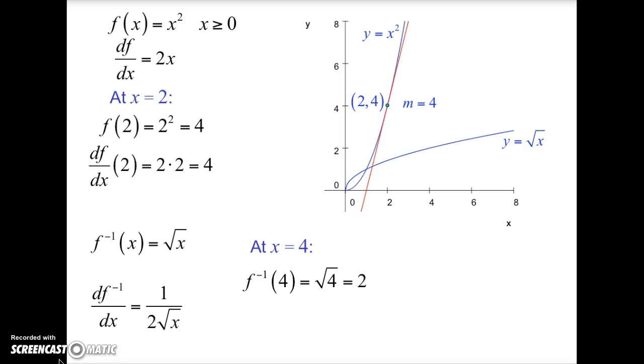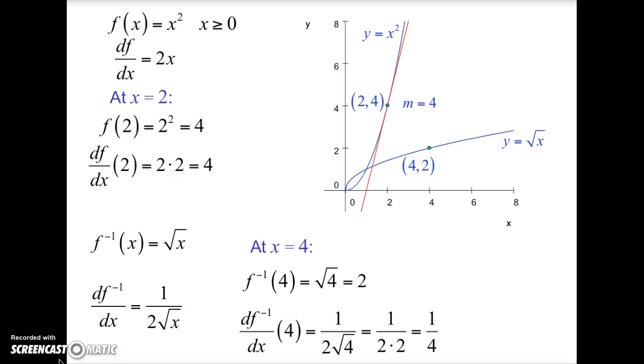It has a y coordinate of 2. And watch what happens if I try to find the slope of f inverse at that corresponding point 4 comma 2. To find f inverse prime of 4, I'm going to take my 1/2 square root of x, plug in 4 for x, and I would find that if I wanted to make the tangent line to f inverse at the point 4 comma 2, the slope there would be 1/4.